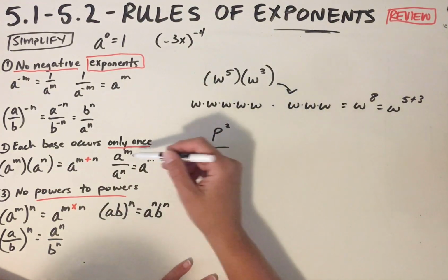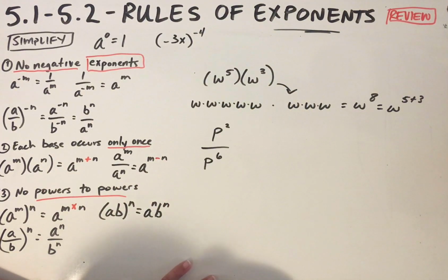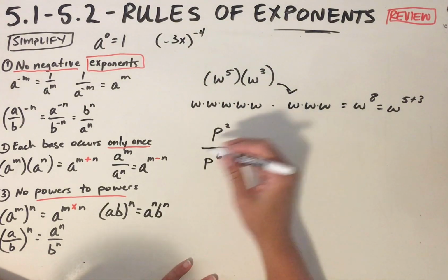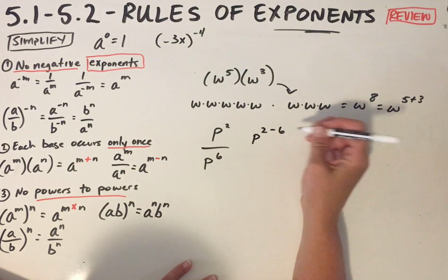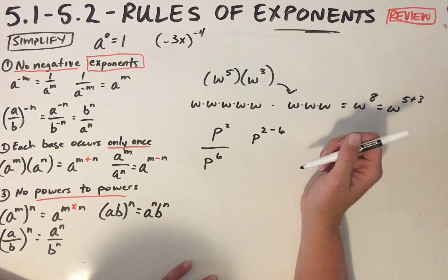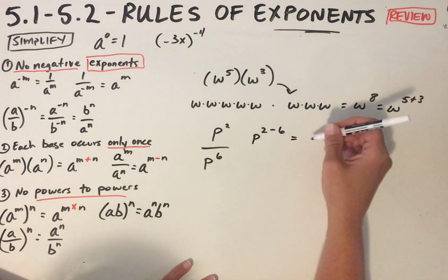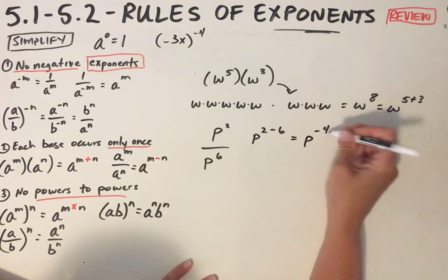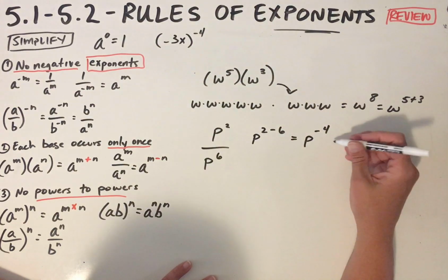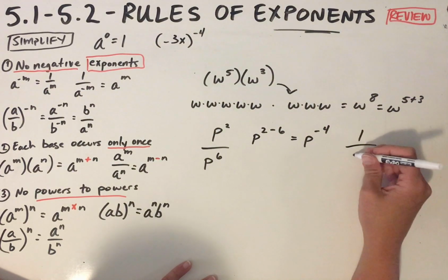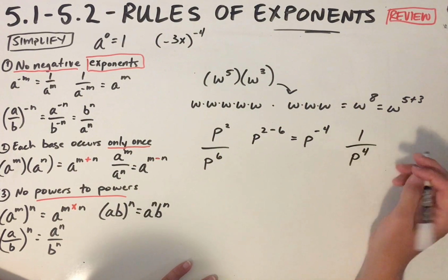I'm going to use this quotient rule to simplify these. This rule says that the relationship of these is subtraction. And it's always going to be the top minus the bottom, because in subtraction the order matters. That means I get p to the -4th. And because we just did the negative exponent thing, I know that to make the -4 positive, I'm going to put it downstairs.